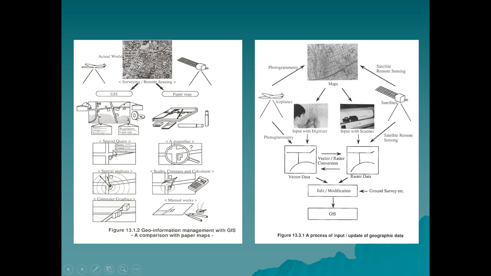For example, we can very easily perform spatial queries as well as attribute queries. Spatial queries, remember, would be on a map. Attribute queries would be from the table. You can carry out spatial analysis. For example, you can automatically create buffers around a point.